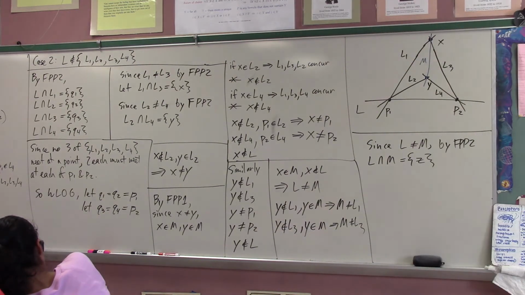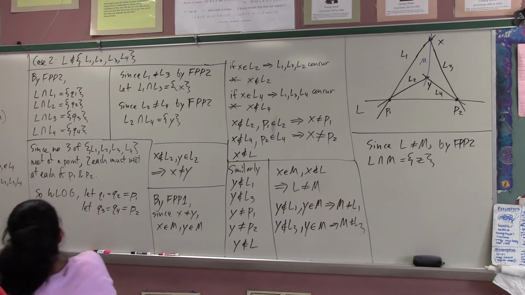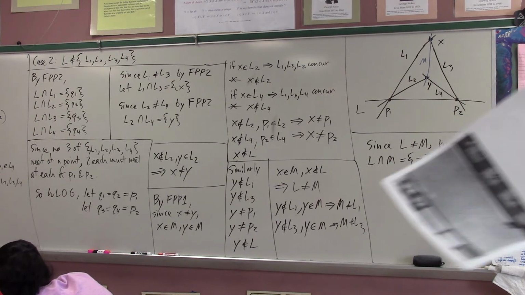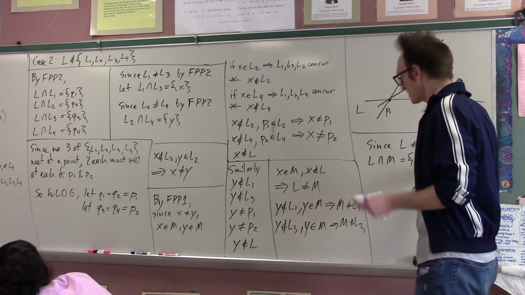M is this line that must go through the points of intersection of the pairs of the core 4. But now this line M, being very tediously proved to not be L, also can't be... where's the contradiction going to come right now? M has to intersect L somewhere at this point Z.